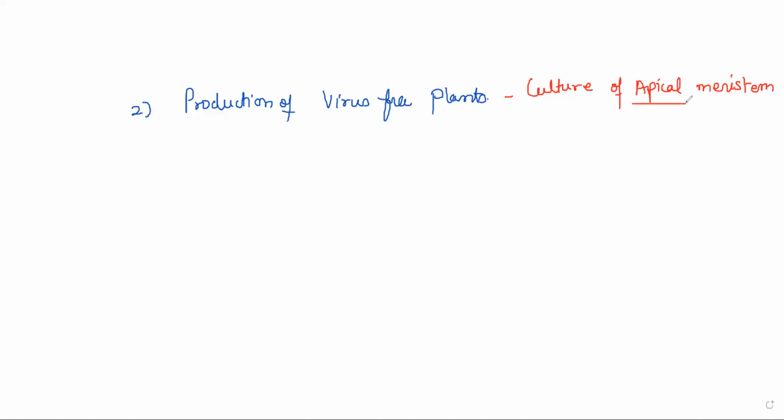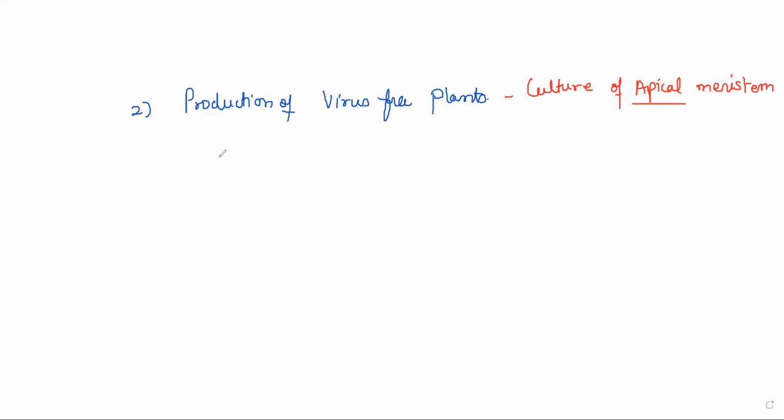So if the growing tip is cultured, there is a possibility of obtaining a virus-free plant, which can be further multiplied. So there are other methods also, like high temperature treatment is given, sometimes incubation of the explant on the suitable culture media containing malachite green or thiouracil, which can reduce the viral infection and replication.